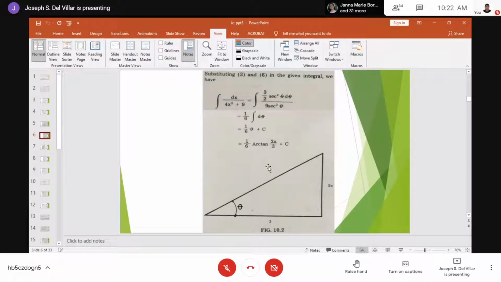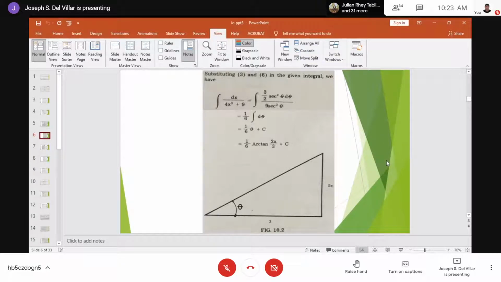Okay? So this is 1/6 arctan of 2x over 3 plus c. Now, also, the answer, pwede nyo rin gamitan to ng instead na word arctan. Ito kasi in-spell lahat, di ba, arctan. Pwede rin yung tangent na may -1 as parang exponent, no? Arctan din yun.